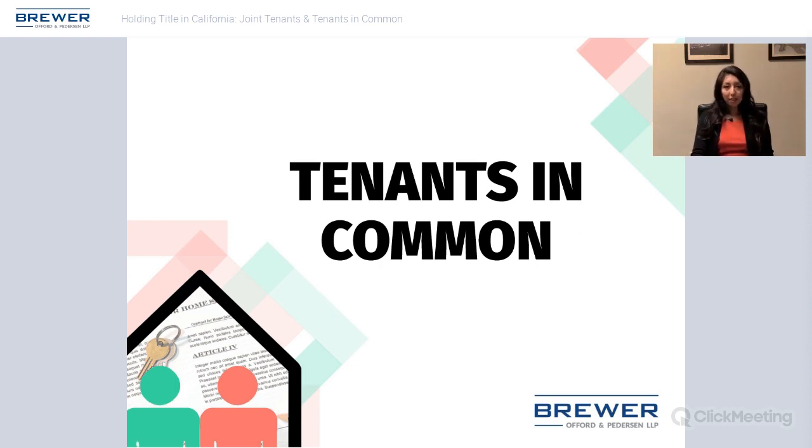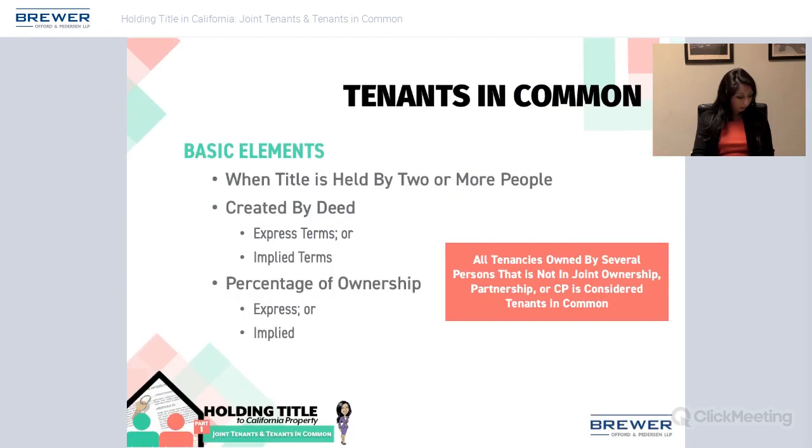Okay, so tenants in common, or what I've been saying, TIC. That's going to be our first topic. Tenants in common is the kind of universal default. If your deed does not specify how the property is to be held, it's going to be held in tenants in common.